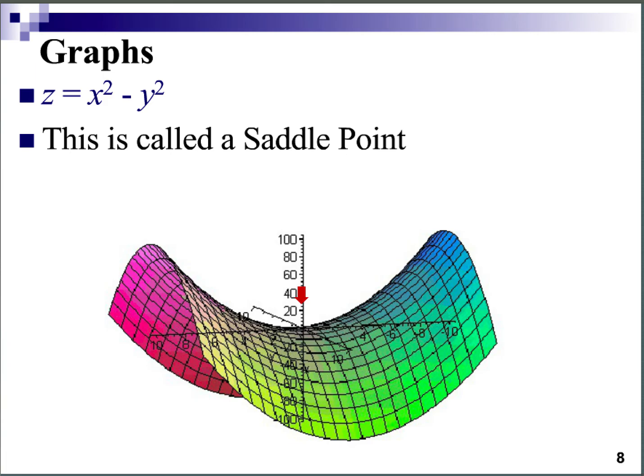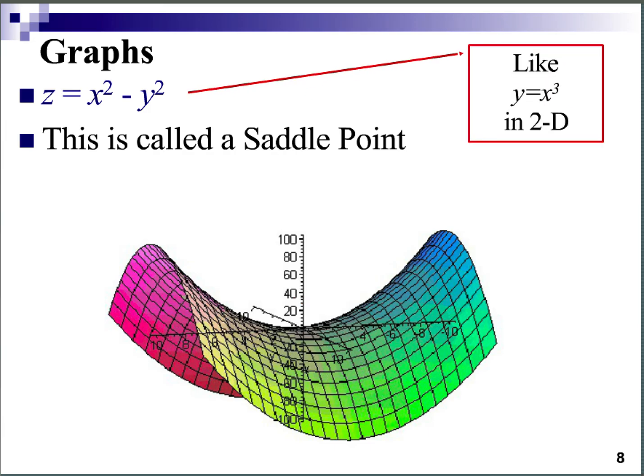Now, the graph of y equals x to the 3 looks like this. So you'll remember that when we explored this when looking at maximums and minimums, we said that the point 0, 0 here was a critical point of this function, but it was not a maximum and it wasn't a minimum. We called this an inflection point.